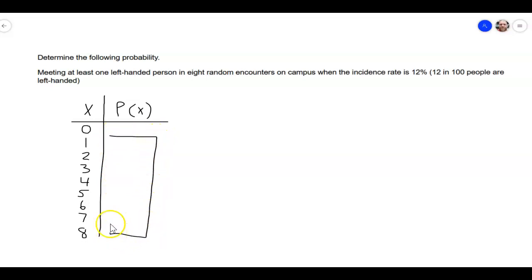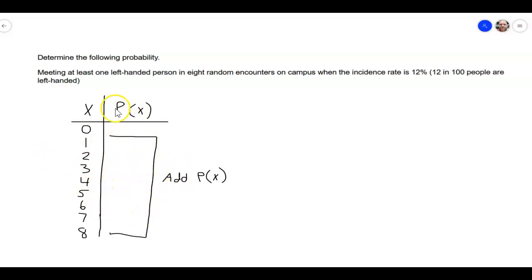They want us to take 1 through 8 because at least 1 means it could be 1 or more, and add up the probability of X. This is actually a binomial probability distribution table. We could do that in our calculator, or by hand, although it would be pretty arduous. But we don't really have to do any of this. I just want to show you what we're going to do.